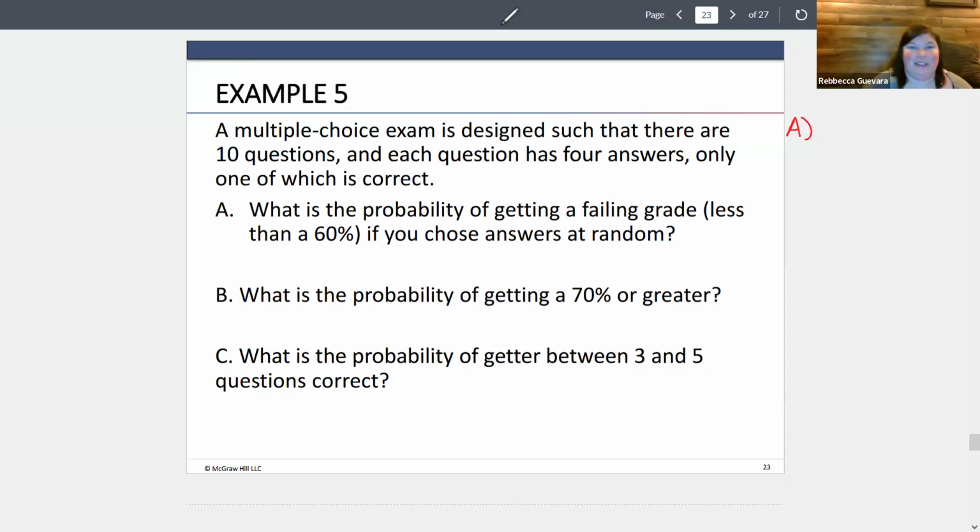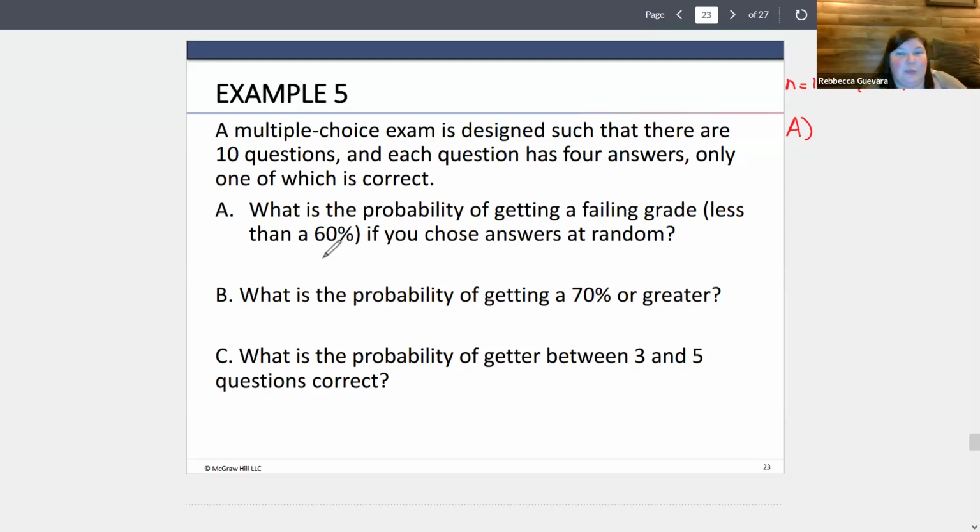What we had found last time is that we have 10 trials because we have 10 questions. The probability of a success on a question we found was 1/4, or you could use 0.25.